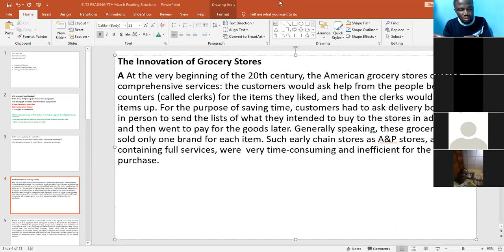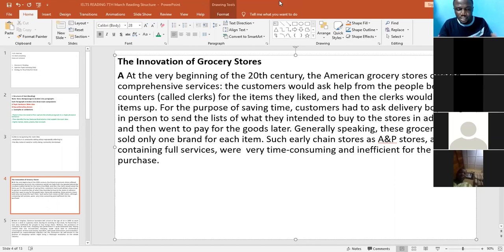Then he went on to describe the type of services they offer. Okay, so the main idea is centered about what? The type of services offered by American grocery stores in the 20th century.